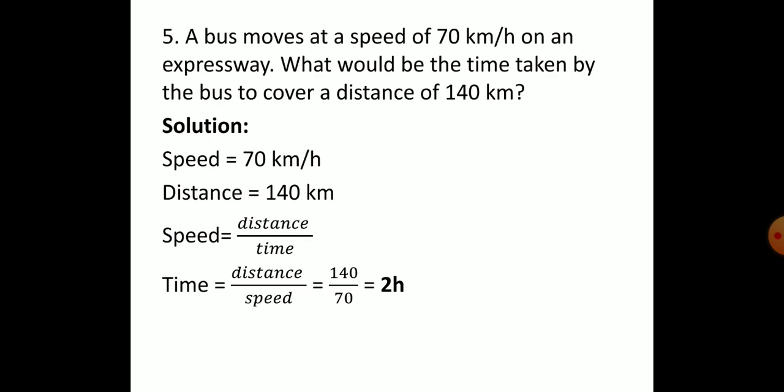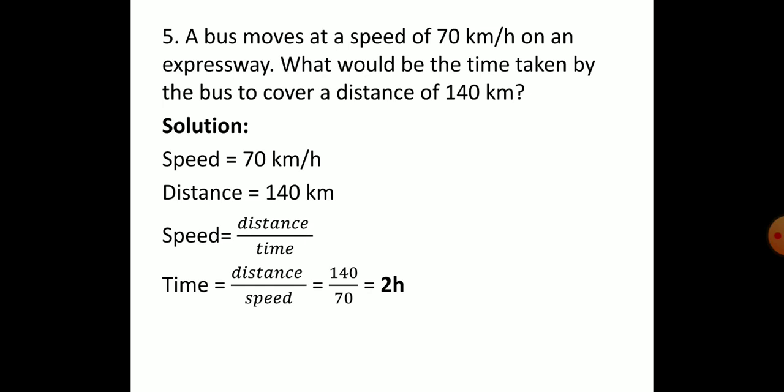Moving to the fifth problem. A bus moves at a speed of 70 km per hour on an expressway. What would be the time taken by the bus to cover a distance of 140 km? We are going to use the speed formula because they have not given the direction. So we know the speed as 70 km per hour, distance is 140 kilometers.